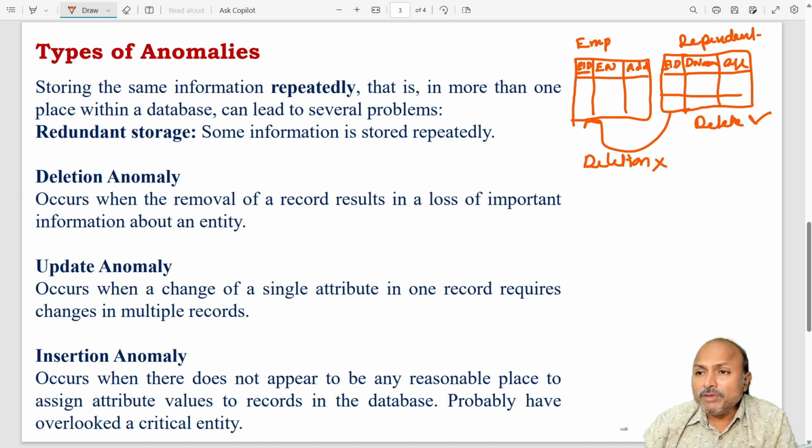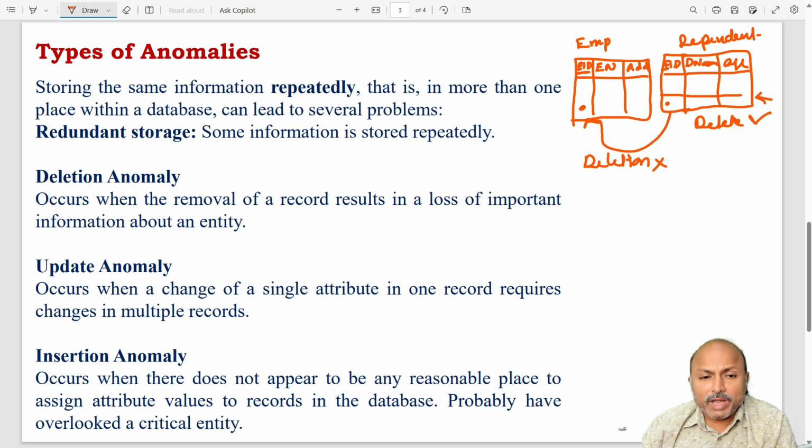If you have one tuple of information here, you are saying go to this employee ID, this particular dependent is related to so-and-so employee. But if the data is removed here, no problem, because an employee can exist without dependents. Suppose a dependent is there, but the employee is not there, that is wrong. So deletion in the dependent table is no problem, but deletion in the employee table is a problem. It is not supposed to be accepted.